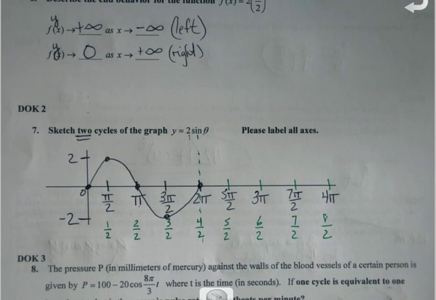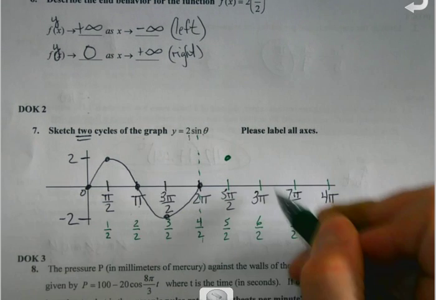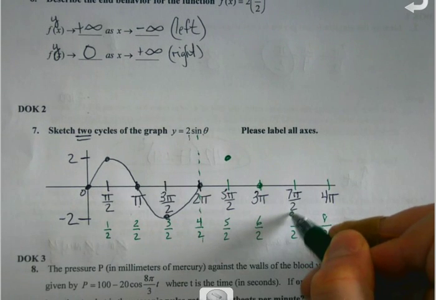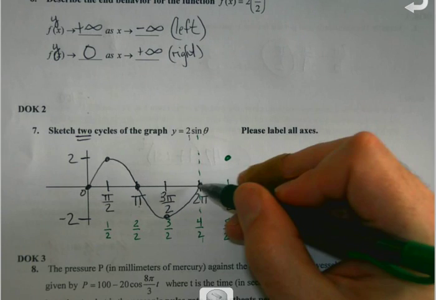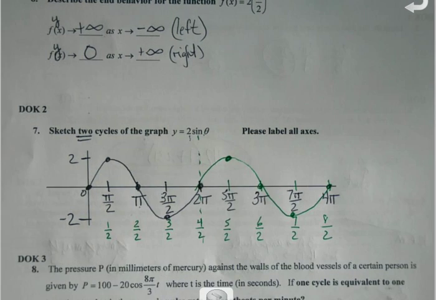And so then I just start the pattern again. 0, max, 0, min, 0, and I have covered my 2 cycles completely.